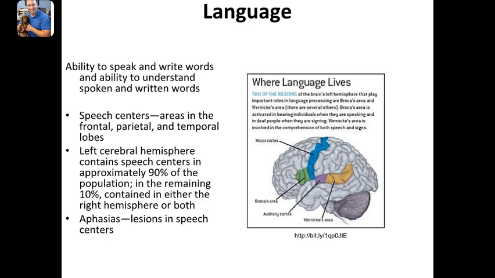So that's pretty interesting that they're almost exclusive to the left hemisphere. Aphasia is defined as a disease in speech centers: the inability to speak, articulate, or understand.